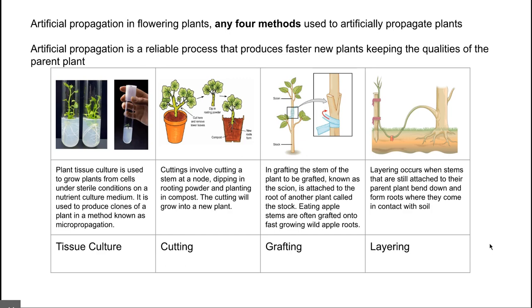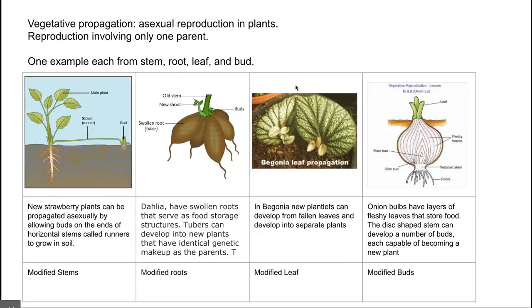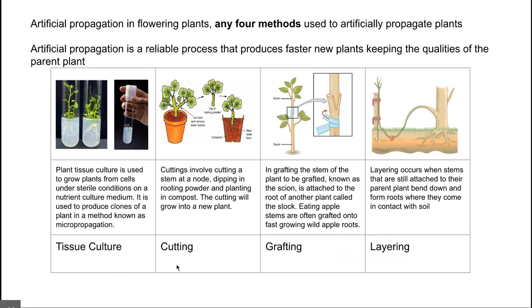Okay, so if you were to go back on this little section, you could be asked to pick 2 methods of natural propagation and then describe 2 methods of artificial propagation. So that would be 4 things to learn there.